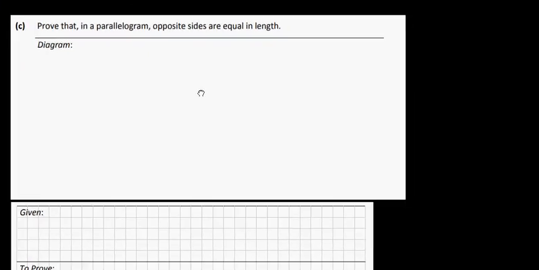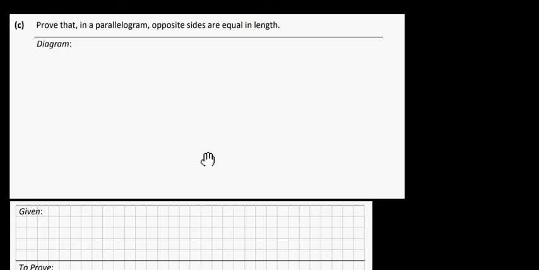Okay, so the next one then is to do with a theorem that you need to be able to prove. So this theorem here is to do with a parallelogram, and we've got to prove that in a parallelogram opposite sides are equal in length. Opposite sides are equal in length. So for a diagram then, you need to use a ruler, just draw a parallelogram.